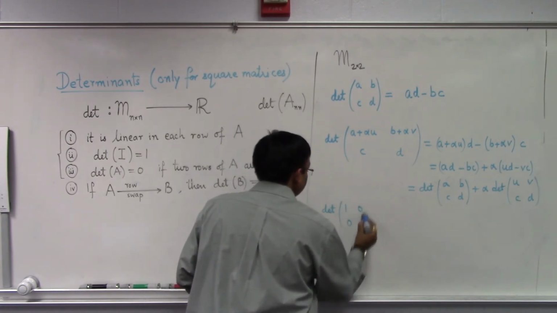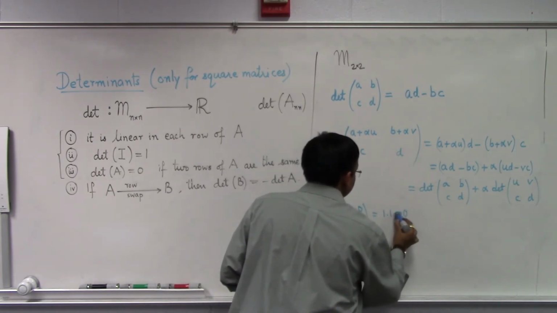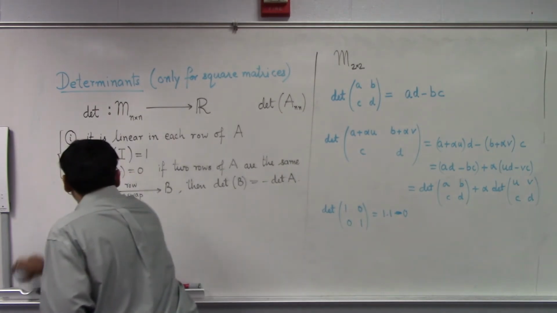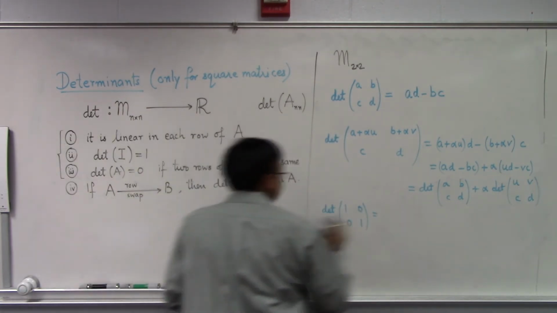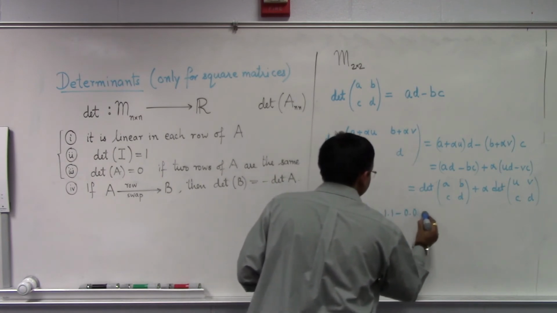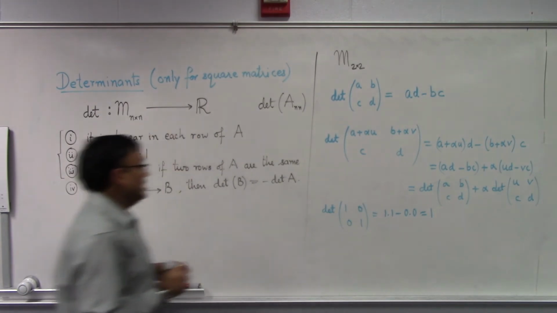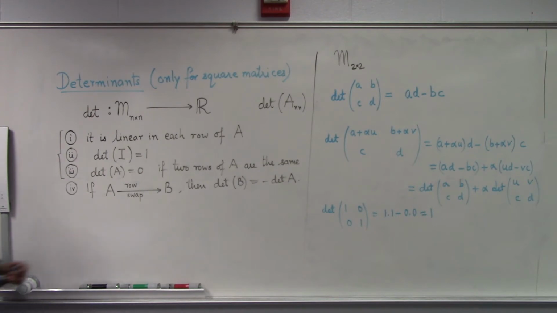What about this guy, 1, 0, 0, 1? By this formula, it would be AD minus BC, so 1 times 1 minus 0 times 0, which is equal to 1. So the candidate function does satisfy the second property also. What about the third property?